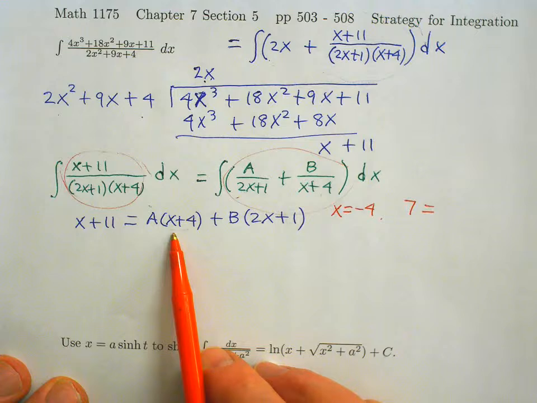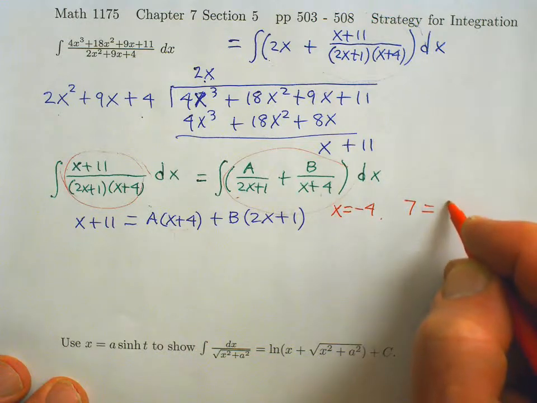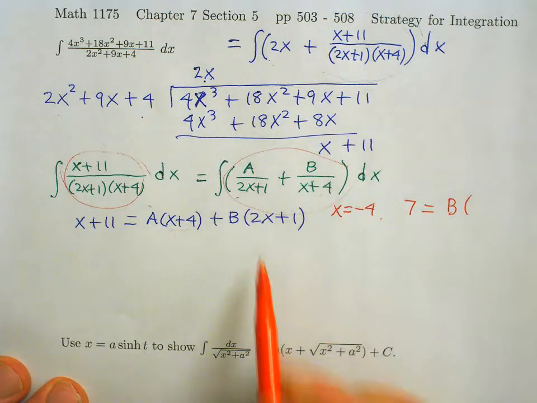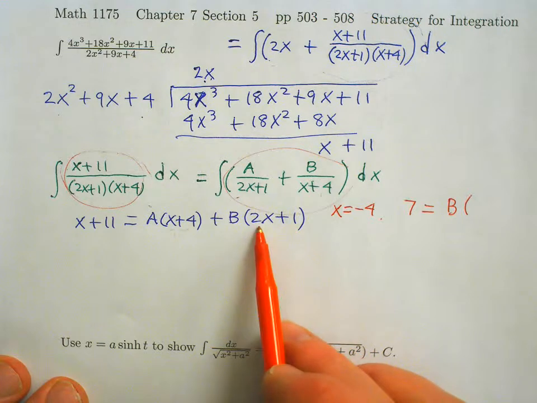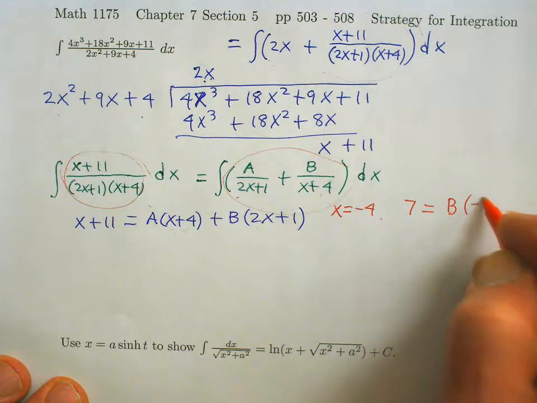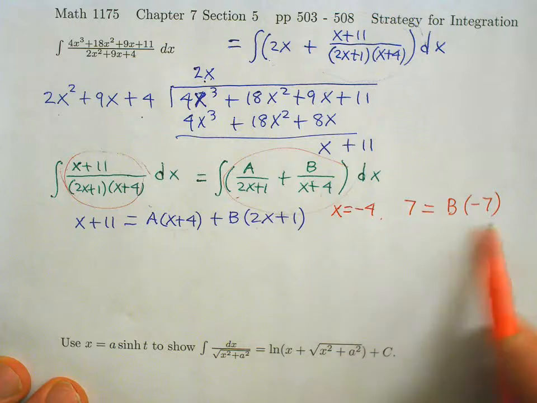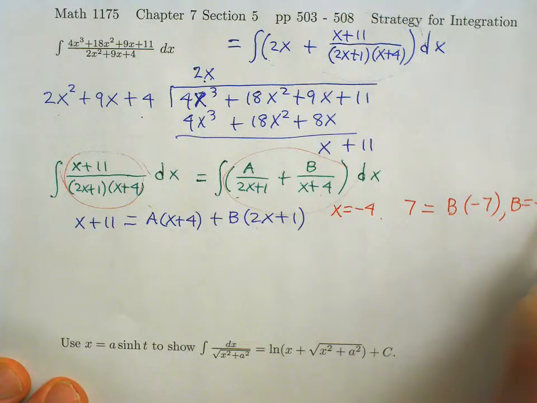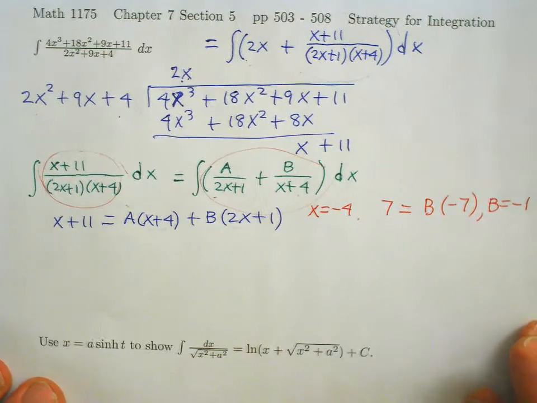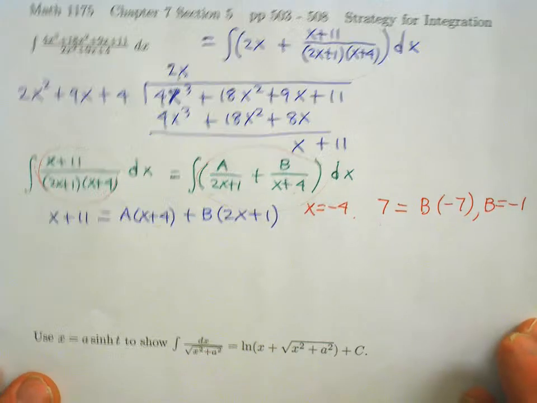A times 0 is 0. So we get b times the quantity 2 times negative 4 plus 1, or negative 8 plus 1 is negative 7. And then divide both sides by negative 7. We see that b is equal to negative 1.